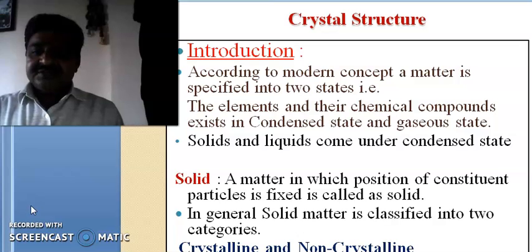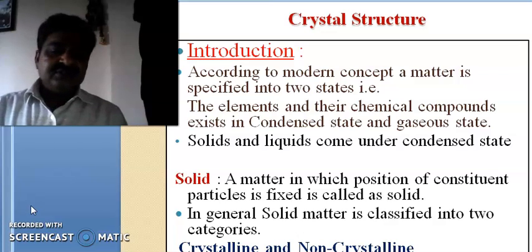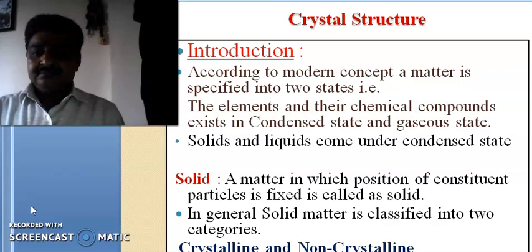And these solid substances are again classified into 2 different categories. One is crystalline and the second one is non-crystalline. The non-crystalline category is also called amorphous.